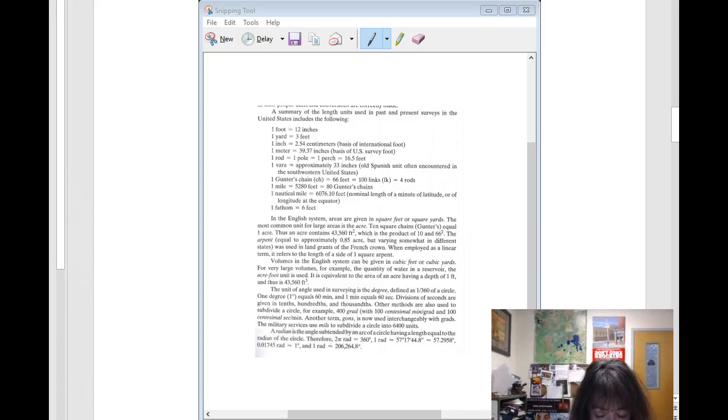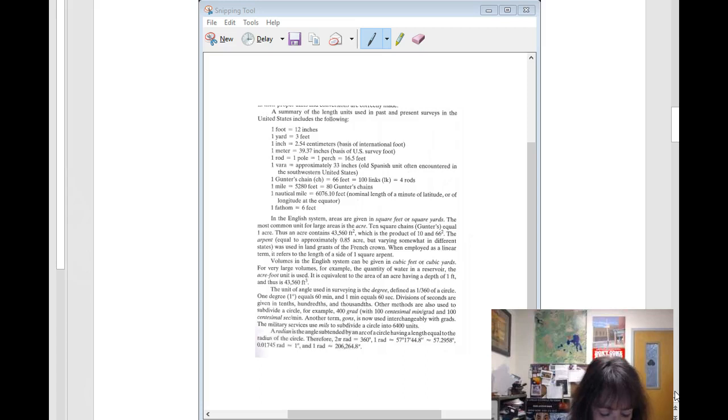All right, so the first thing I need to do is to determine how many square feet there are in an acre. The answer to that, if you look here, an acre contains 43,560 square feet. So 43,560 square feet per 1 acre.